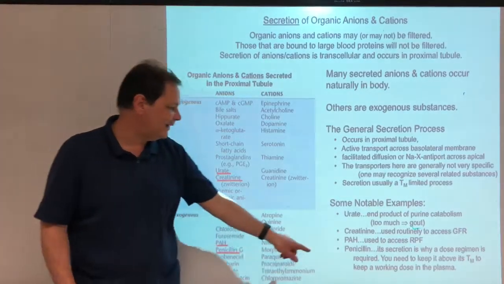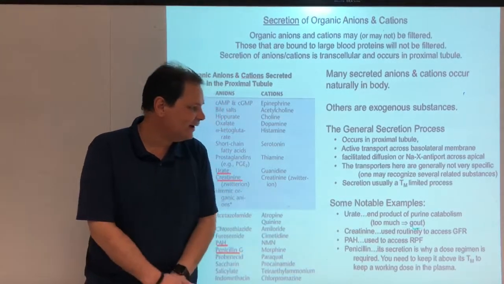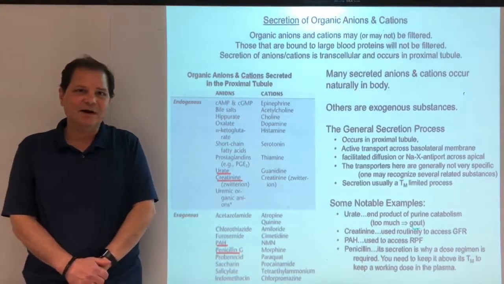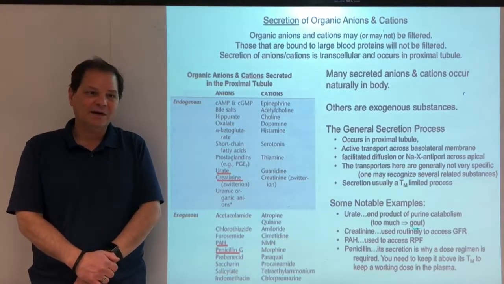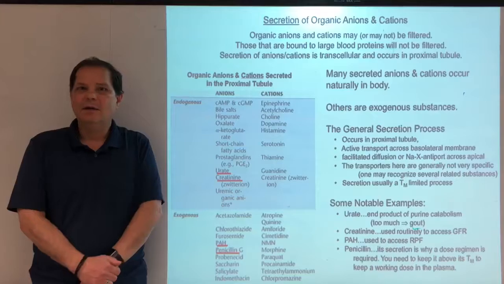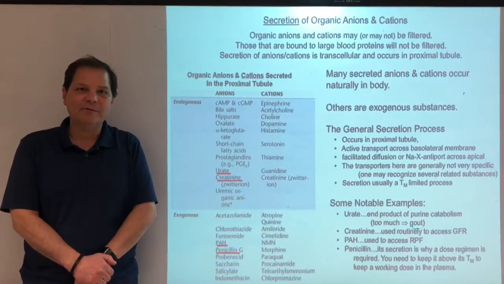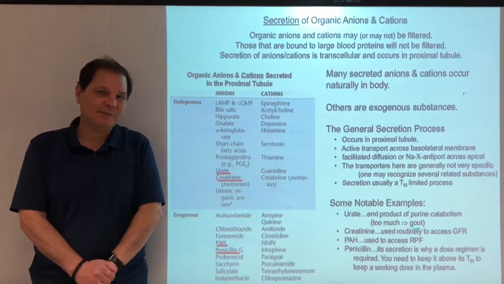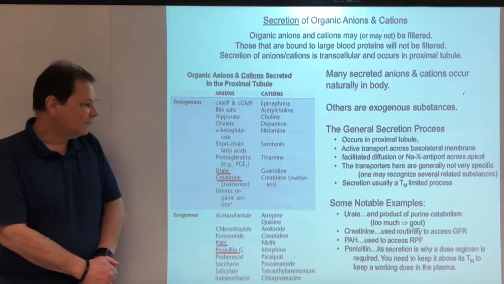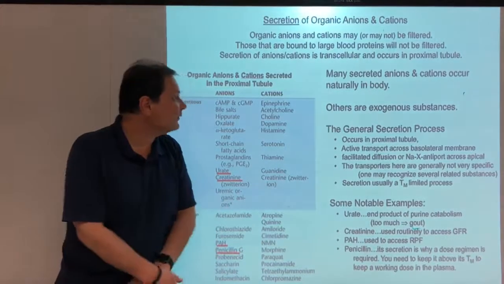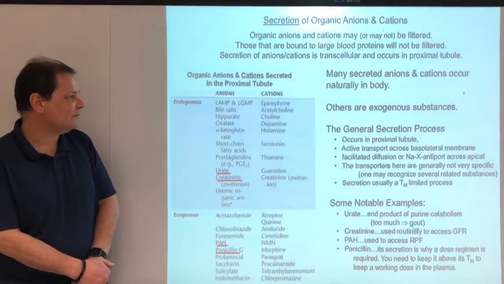Also secreted, and in fact it's secreted so much that you have to actually give enough to keep it above its transport maximum. Otherwise, it'll just be urinated out, and you won't be able to maintain an adequate plasma concentration to have an effect. So once again, it is also robustly secreted.